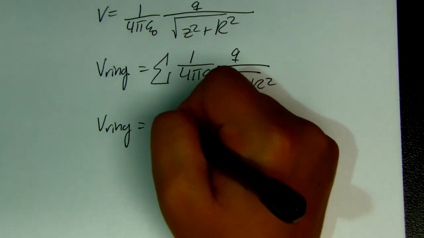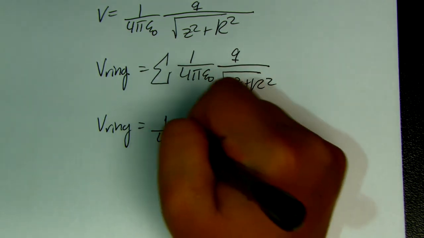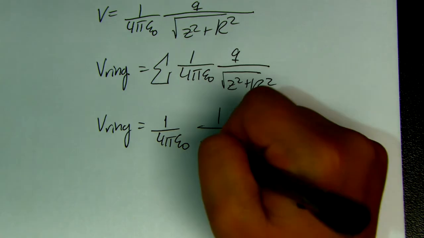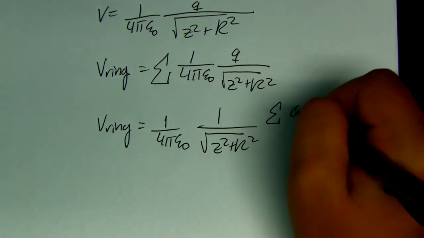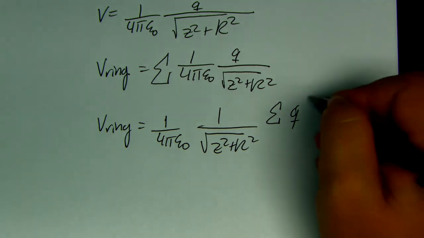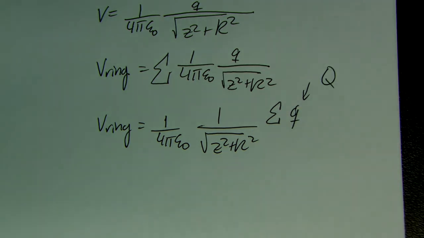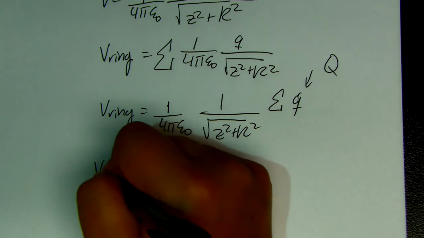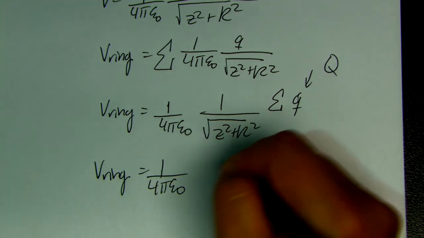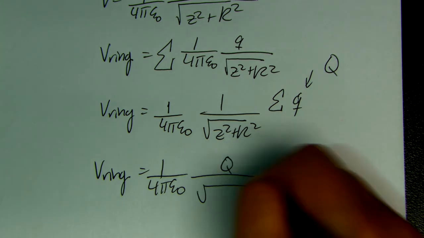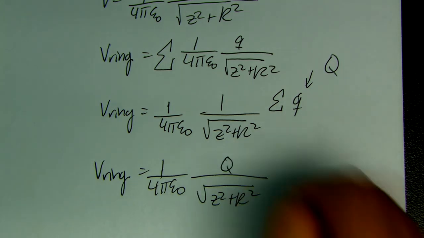This is equal to 1 over 4 pi epsilon naught, 1 over the square root of z squared plus R squared, times the sum of little q's. And of course, that is just big Q, the sum of all the charges. So V ring is equal to 1 over 4 pi epsilon naught, Q over the square root of z squared plus R squared.